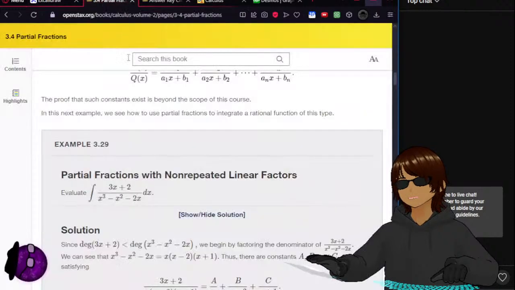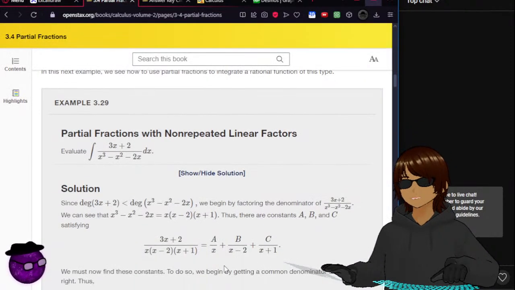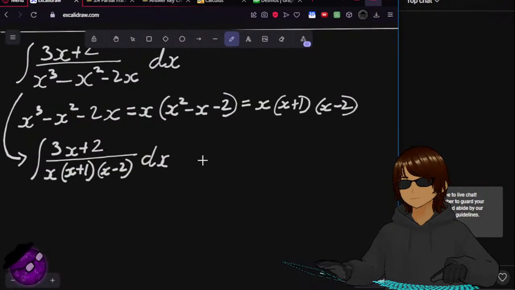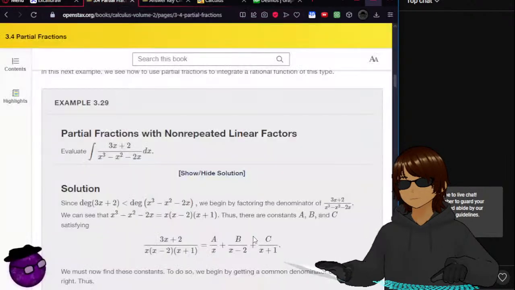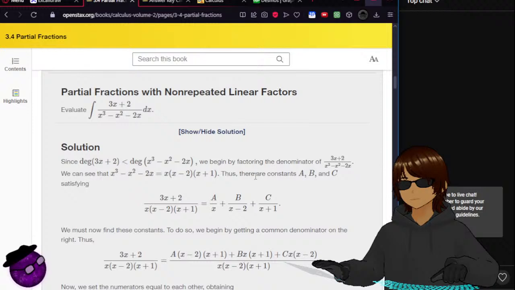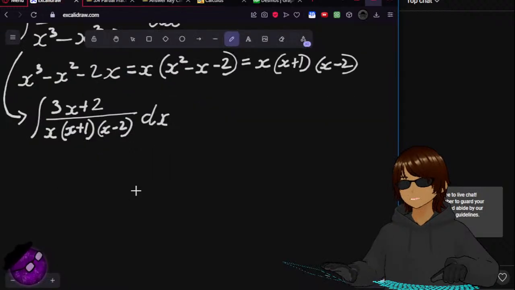So then I guess this cannot be broken down into A, B, and C. This is going to take really long.